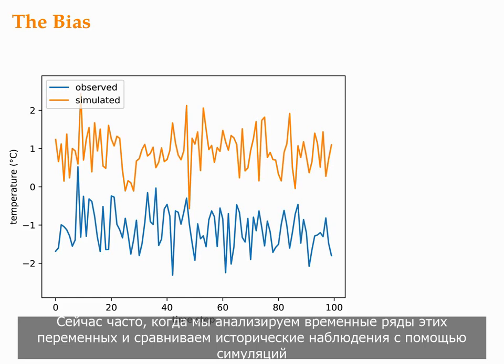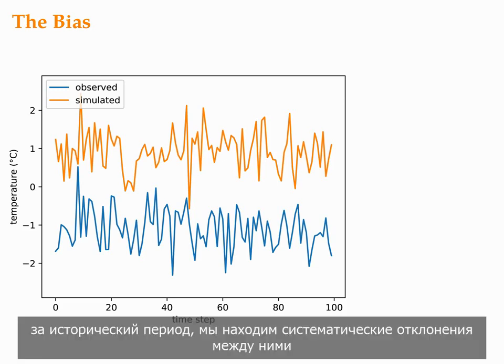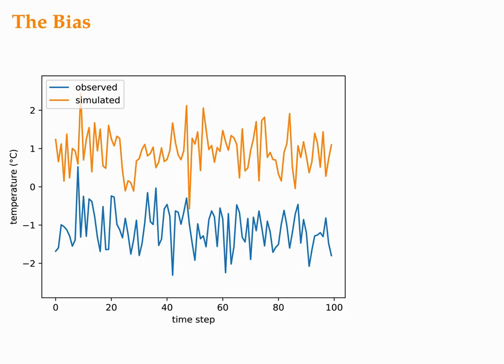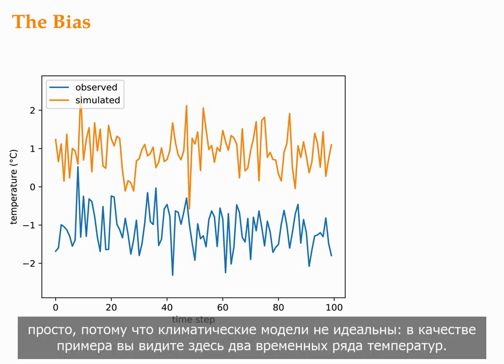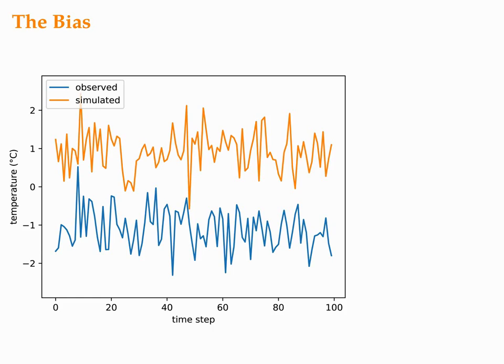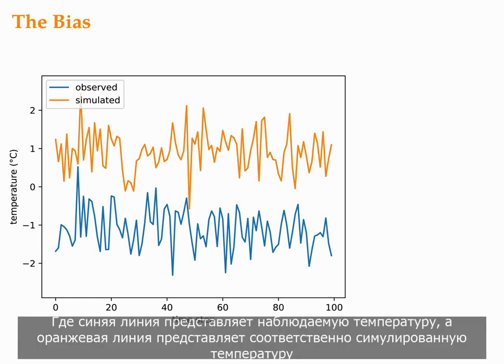Now, often when we look at time series of these variables and compare historical observations to historical simulations, we find systematic differences between them simply because the climate models are not perfect. As an example, you see here two temperature time series where the blue line represents observed temperatures and the orange line represents the corresponding simulated temperatures.